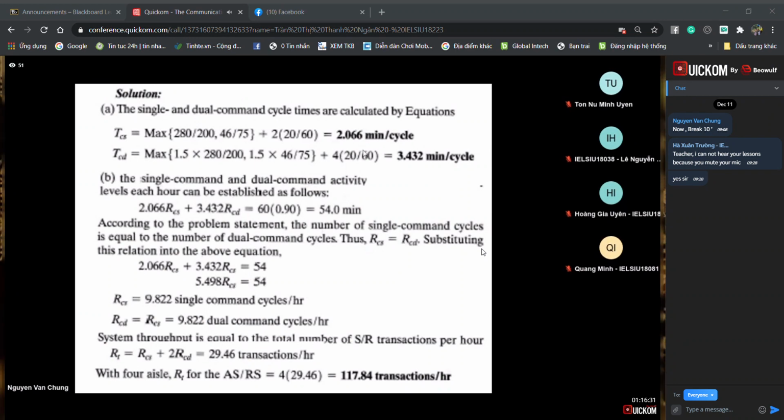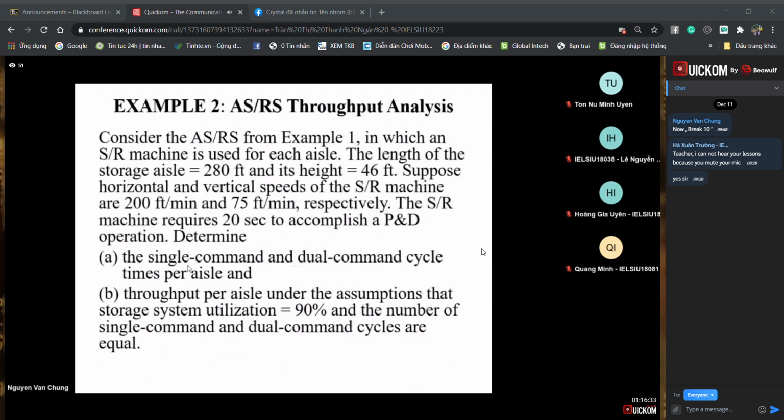If you have the cycle time, then determine the throughput per hour under the assumptions that the storage system utilization is 90%, and the number of single command and combined command cycles are equal.